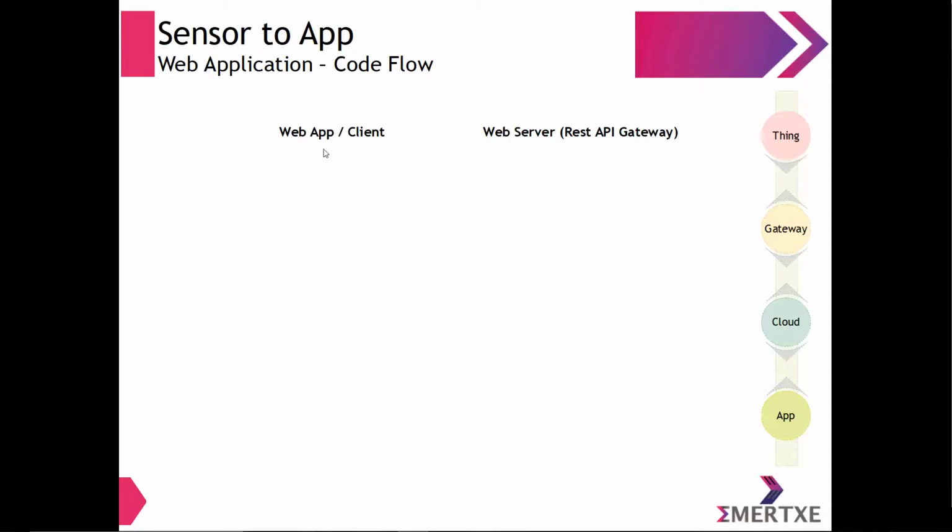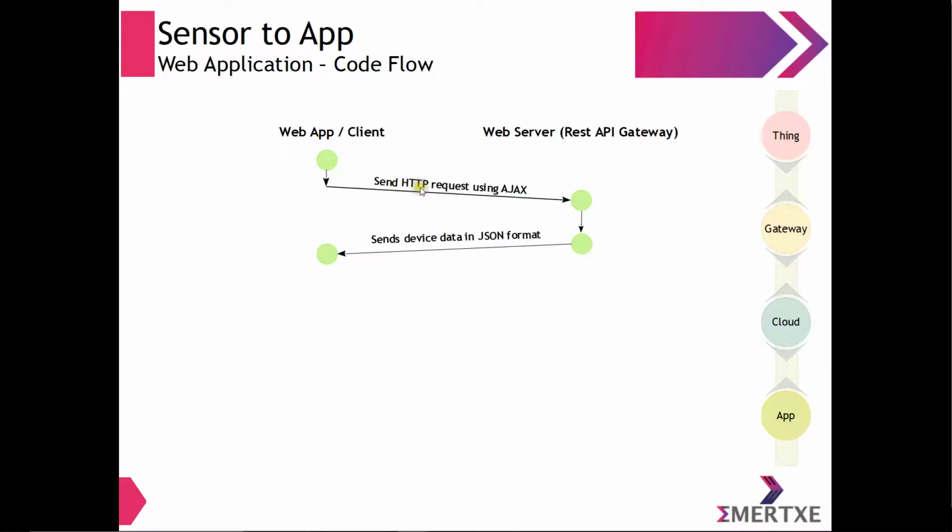We'll discuss more about it later. This web application will communicate with the web server using HTTP protocol. So the web client sends a request to the HTTP server using AJAX. The web server will respond back to the client with the device data in JSON format.